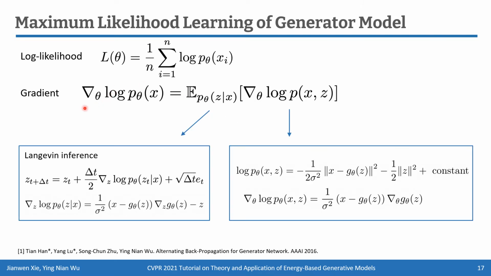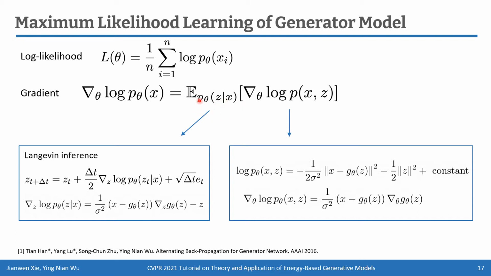So after deriving the gradient for the log likelihood, we can then use a gradient ascent algorithm for learning. And you can see that when you compute this gradient, first you need to draw samples from this posterior distribution, that is, inferring z given this x.